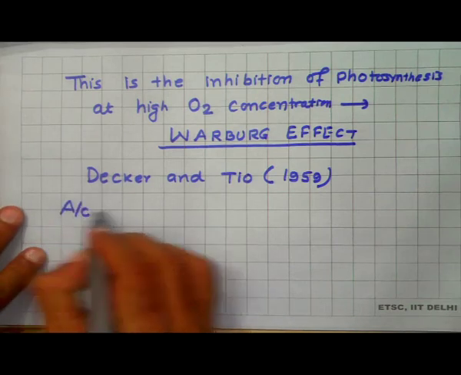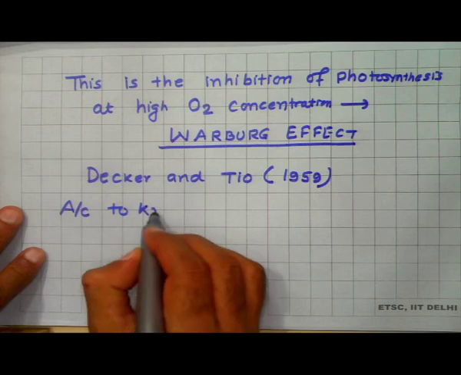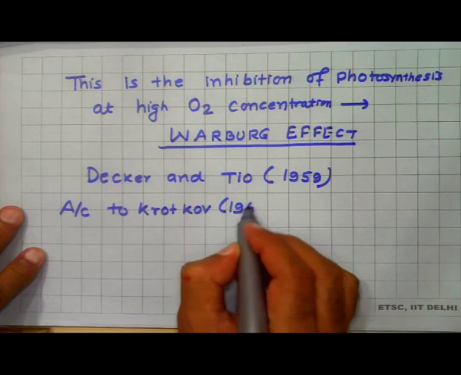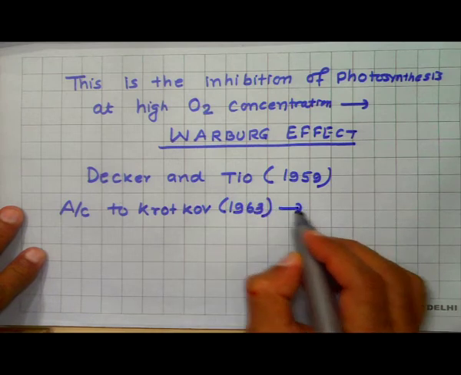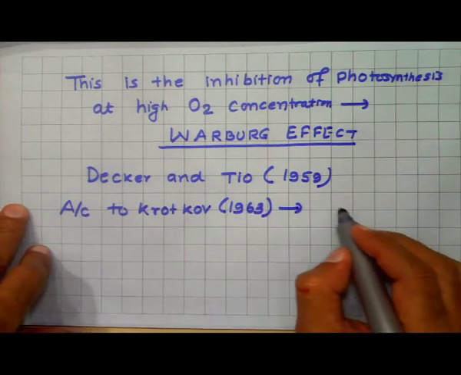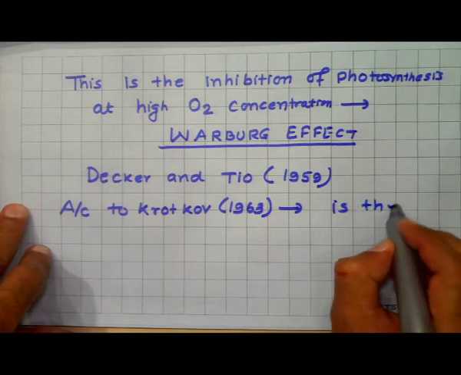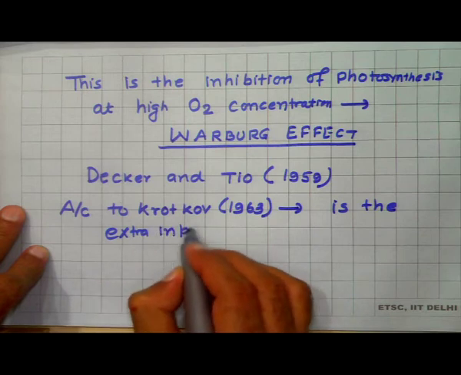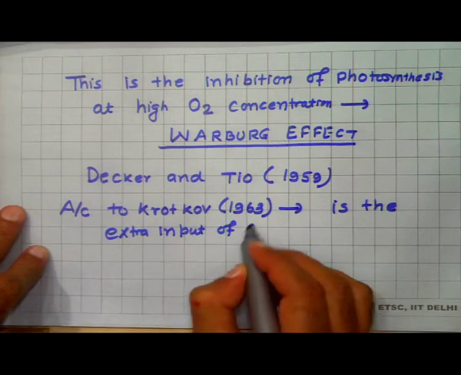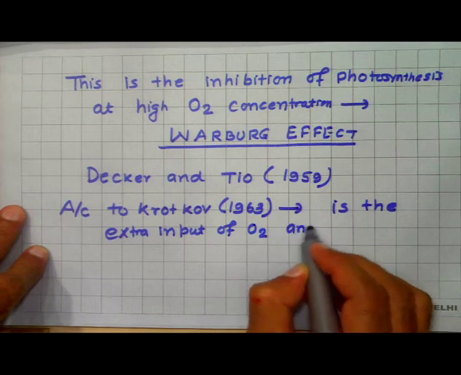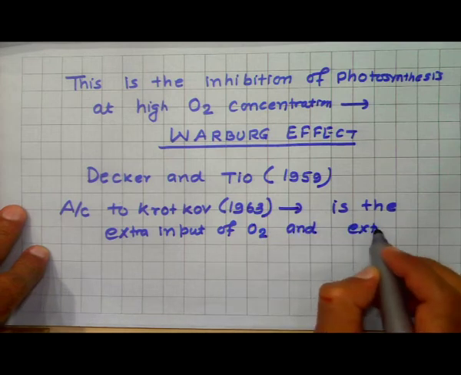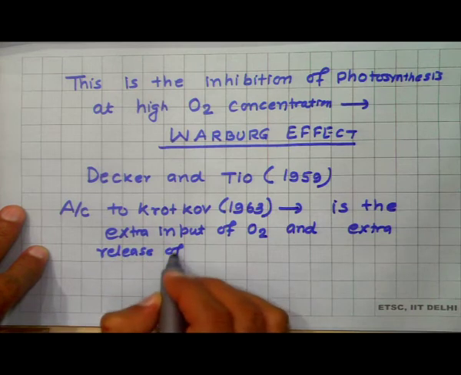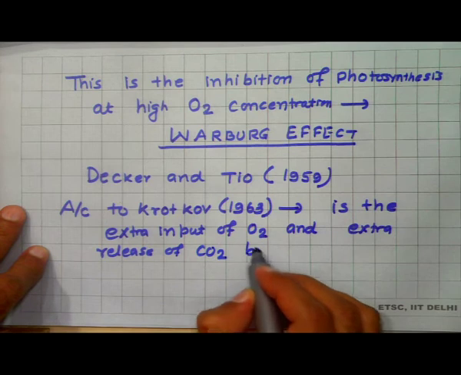According to Krotkov, 1963, he defined photorespiration as the extra input of O2 and extra release of CO2 by green plant.